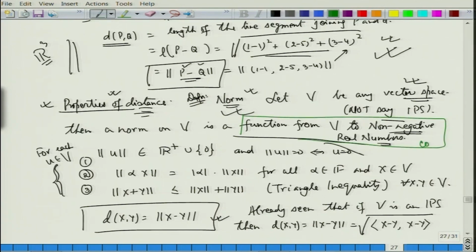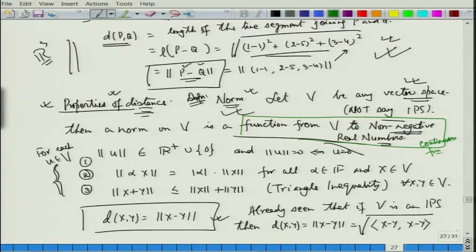Since it is a continuous function, on a closed interval it will attain its maximum and minimum, and therefore when I look at the distance of anything from a convex set which is closed, things will be nice. For us, the linear span we are looking at is a plane, a very nice object. I have a plane and something from which I am dropping a perpendicular. I will get the minimum distance, and that minimum distance will be attained at a unique point because of Pythagoras theorem. So I am doing that part.